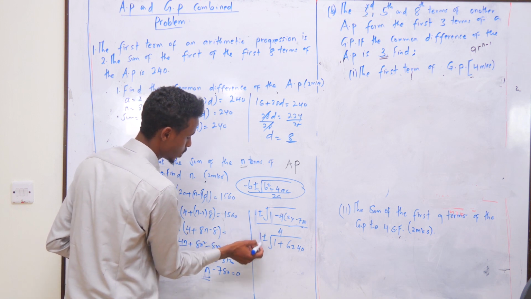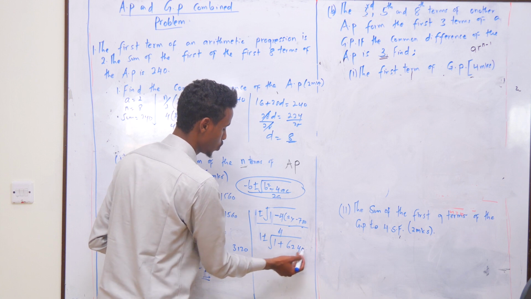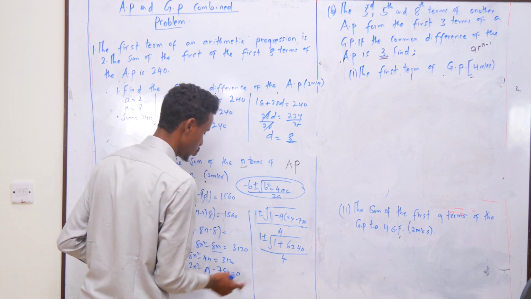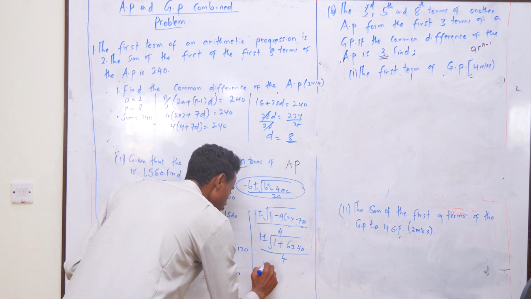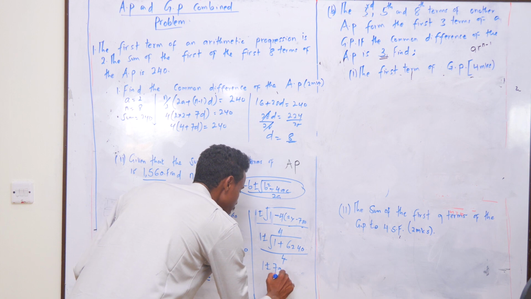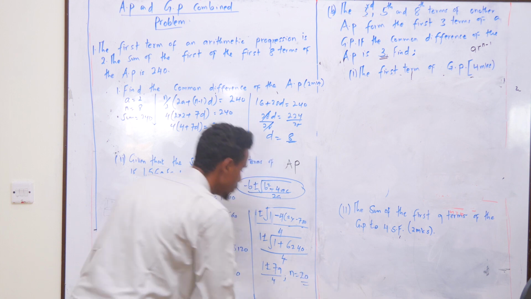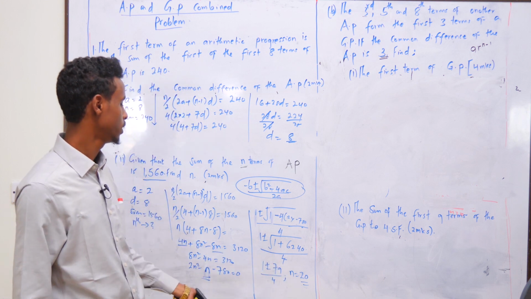It will be positive 1 plus or minus the square root of 1 plus 6240. Now divided by 4, which is 2a, 2 times 2. Now it will be 1 plus or minus 79 over 4. That will be n is equal to 20, because 1 plus 79 is equal to 80, and 80 divided by 4 is 20.